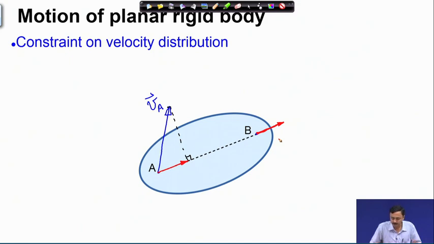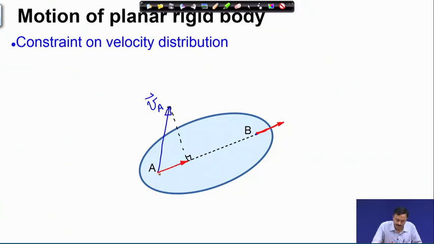Now, why this requirement? Because this body is a rigid body, therefore, the distance between A and B cannot change. So, the relative velocity in this direction AB must be 0. The relative velocity V A relative to B in the direction of AB must be 0, because the distance AB must remain fixed.